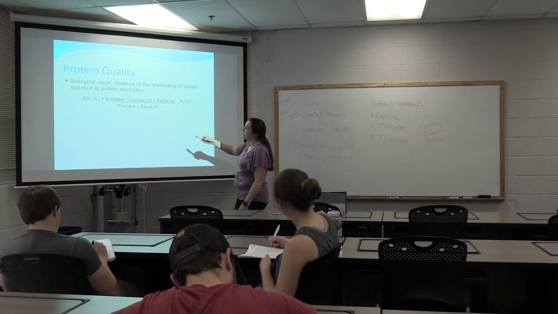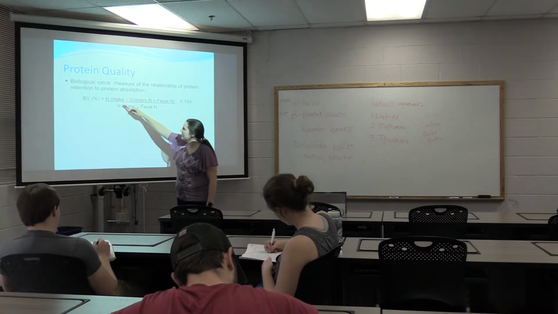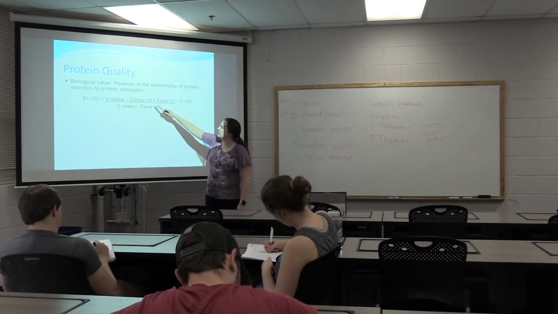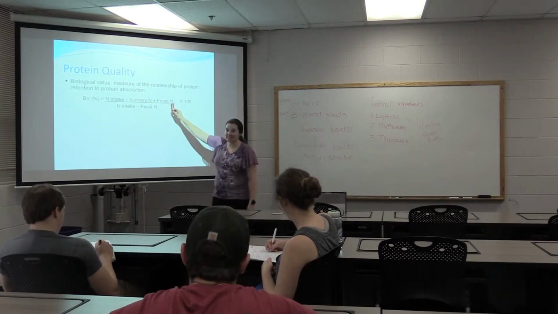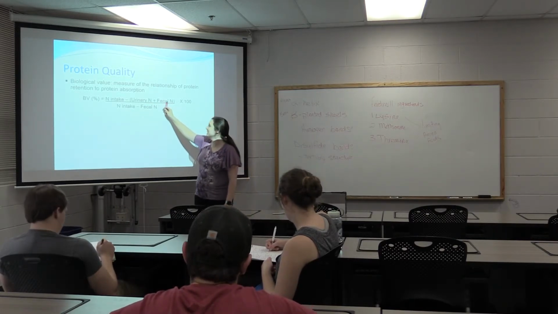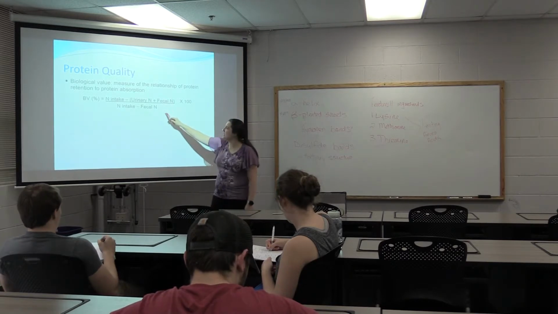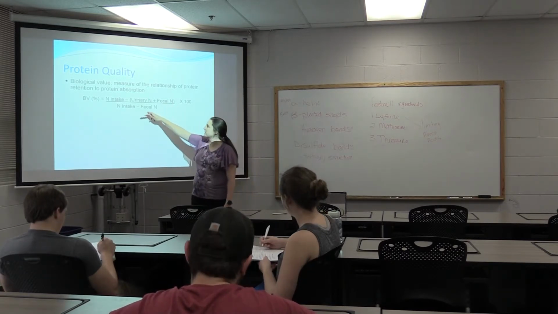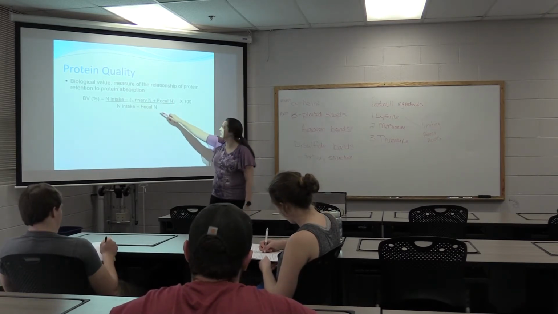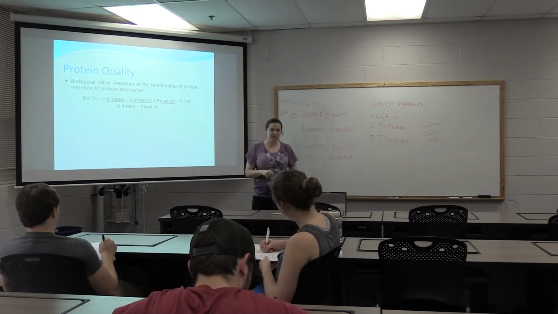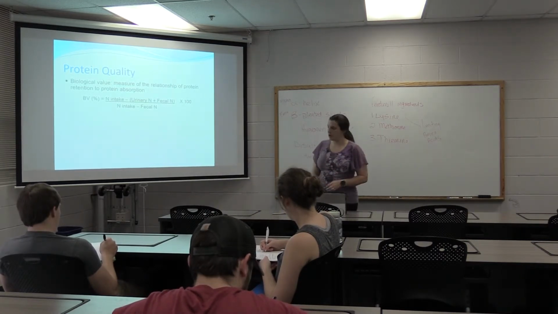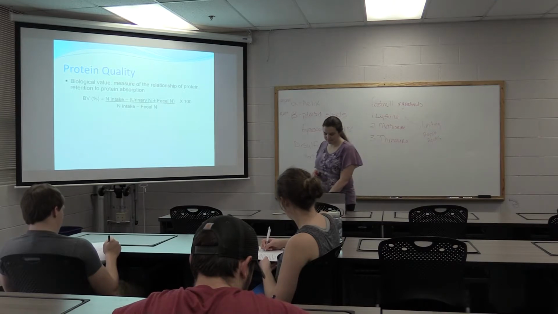So you take how much they ate minus what was in their urine and the feces. The nice thing about poultry is that these are combined. Then you subtract, divide it by the difference of that, and multiply it by 100. That's giving you your protein quality.